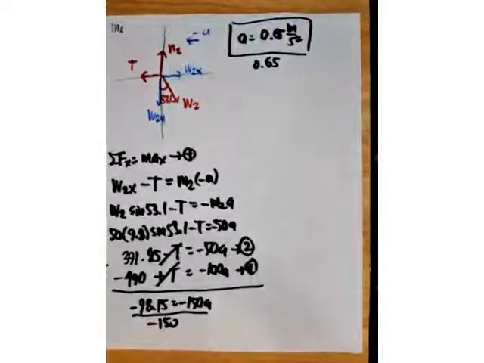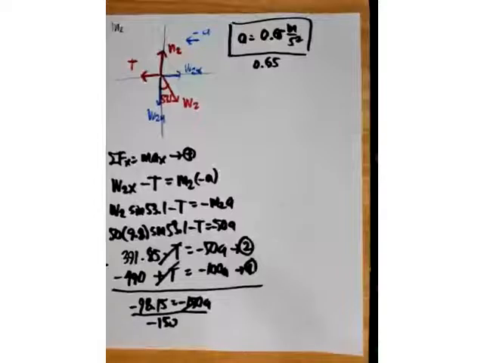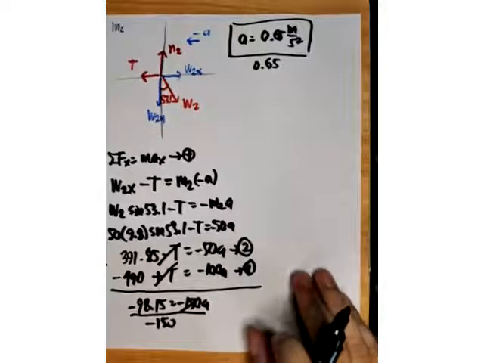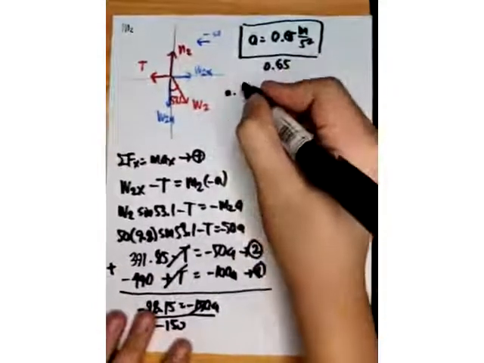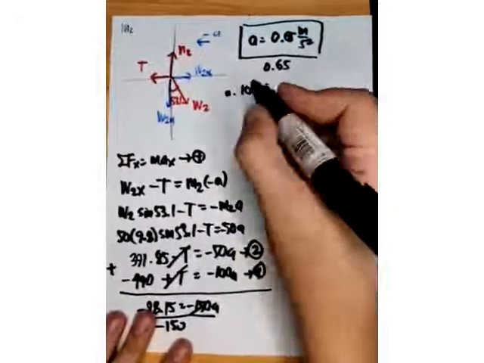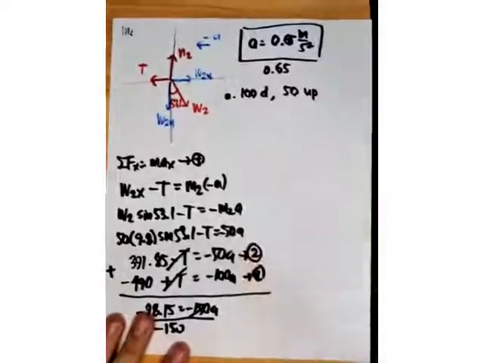Okay? 0.65. So the answer is positive. That means the assumption is correct. Okay, so the assumption is correct. Things should be moving in that direction. Ayan. So letter A, 100 down and then 50 up. Okay, so yun sa A.